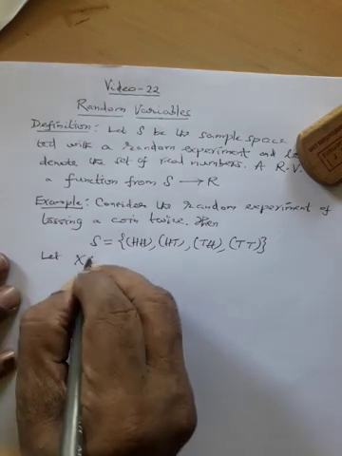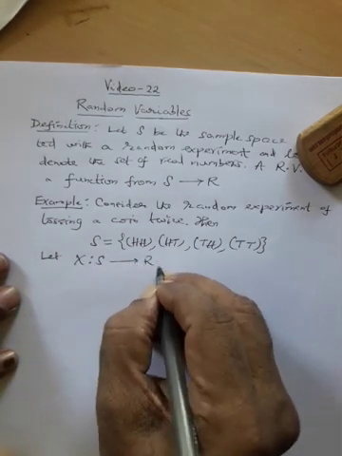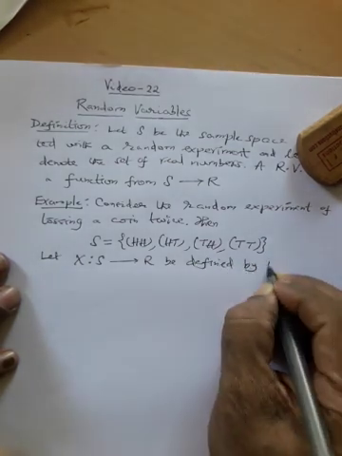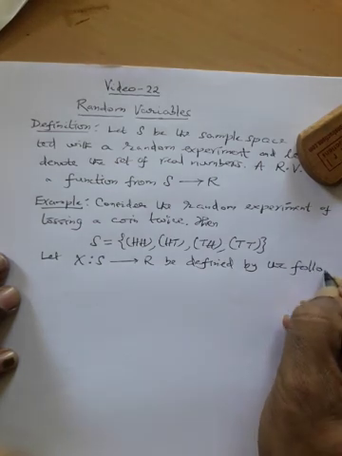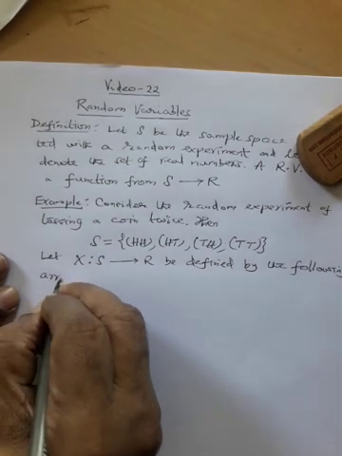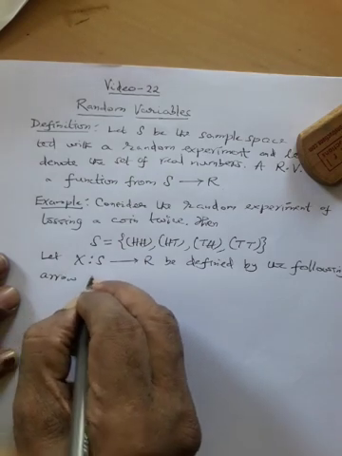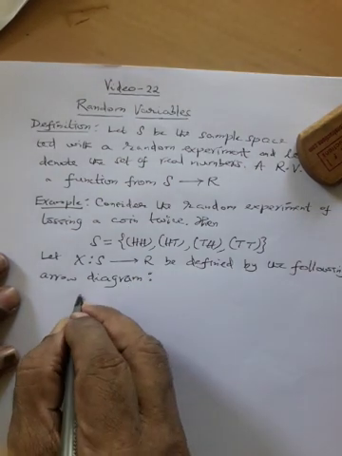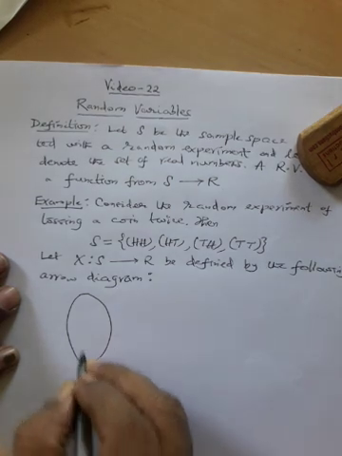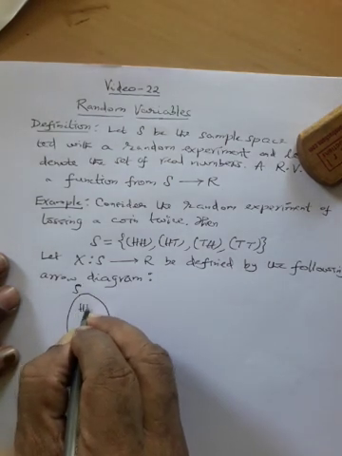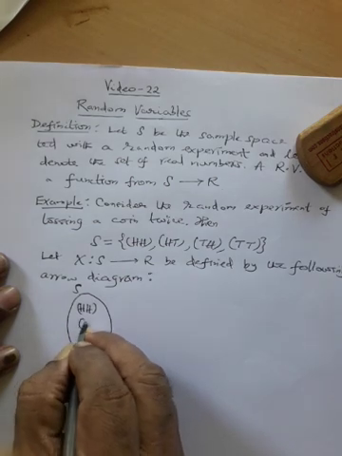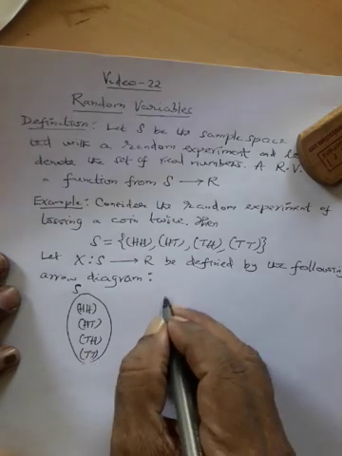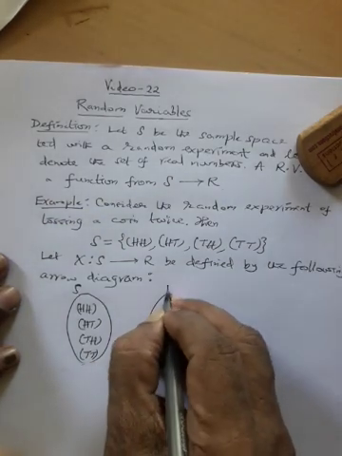Let X from S to R be defined by the following arrow diagram. So what is that arrow diagram? S is the sample space consisting of the outcomes HH, HT, TH, TT, and then we have all real numbers, which contains an infinite number of real numbers.